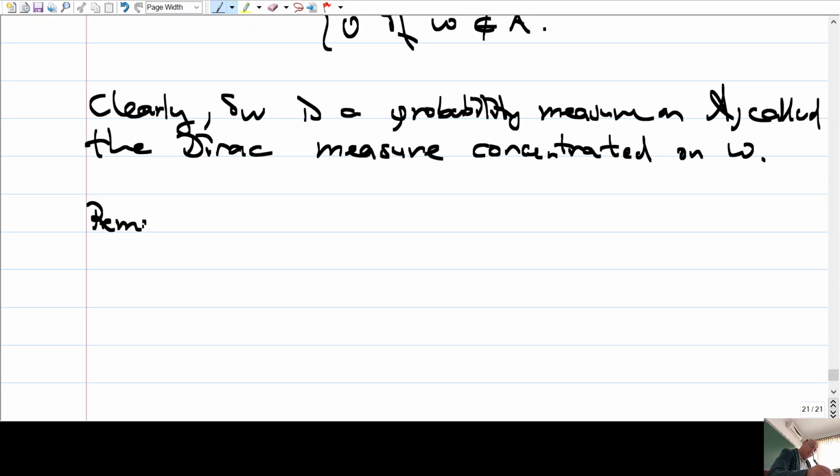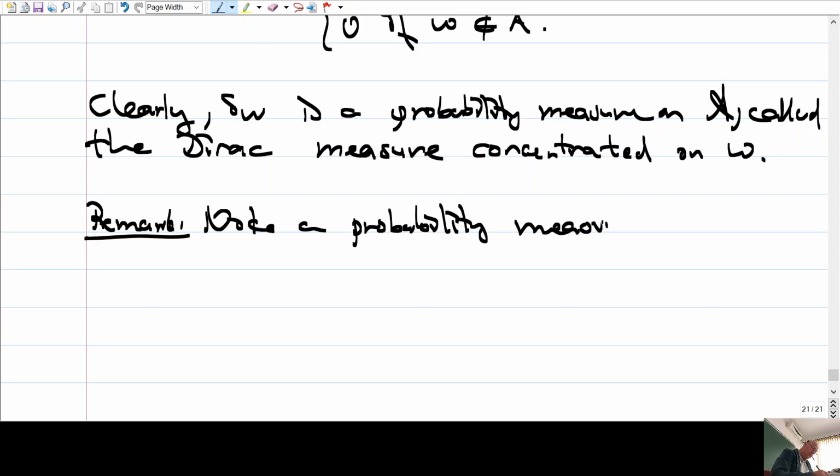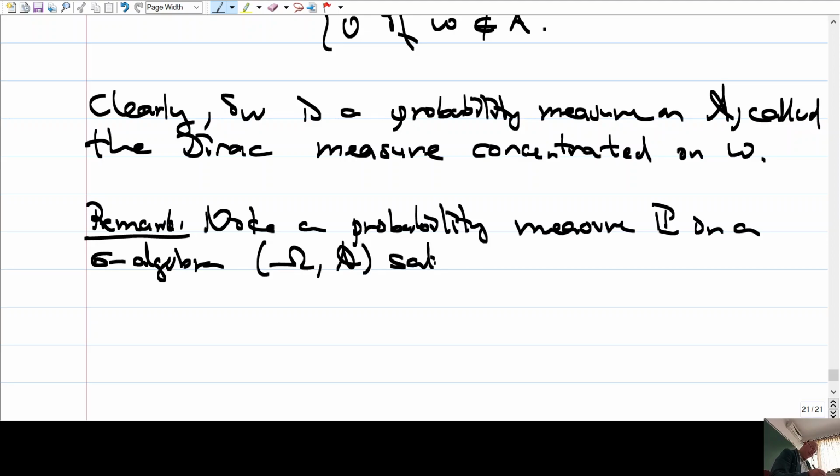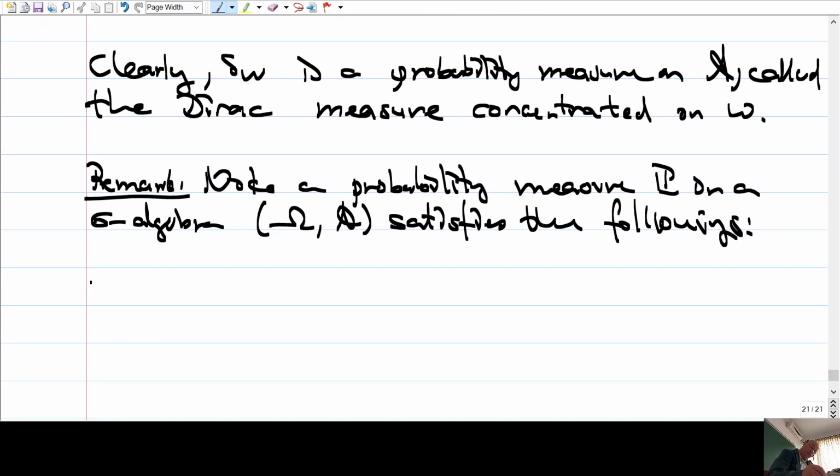Okay, remark. Note that a probability measure P on a sigma algebra, okay, sigma algebra omega A, satisfies the following. Let's make a list of them, we have seen some of these already.